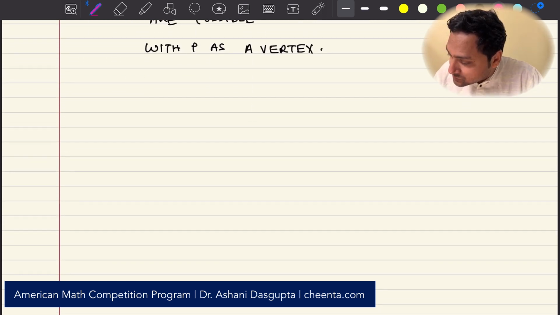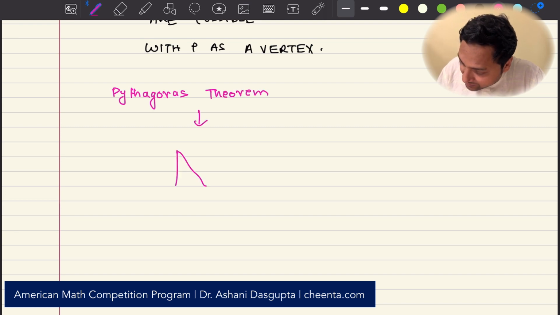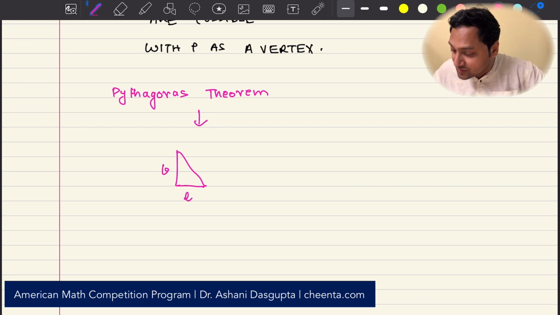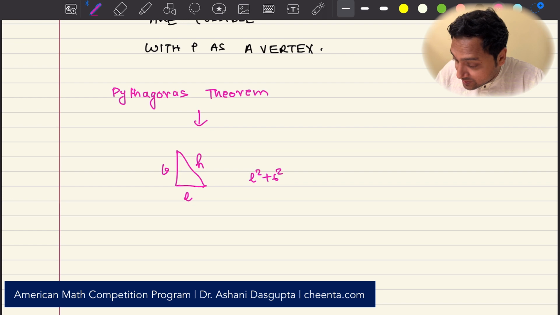So if you use Pythagoras theorem, which says that in a right triangle, the sum of the squares of the 2 sides adds up to the square of the hypotenuse.